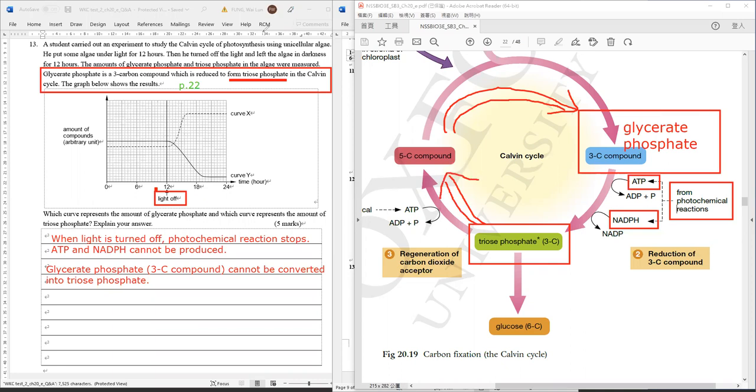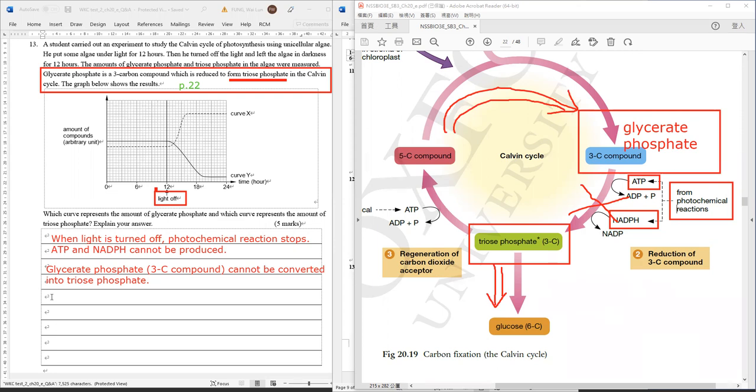Triose phosphate may be turned into glucose. But then you stop one very important part: you stop the conversion from 3C to triose phosphate.